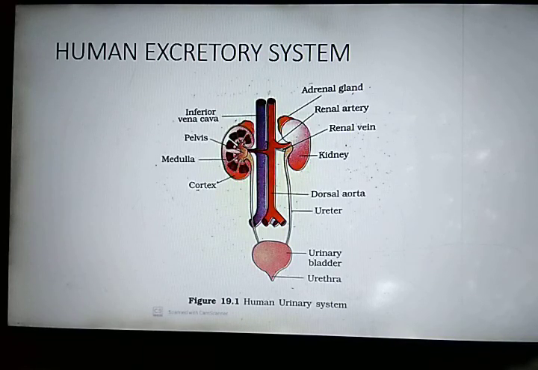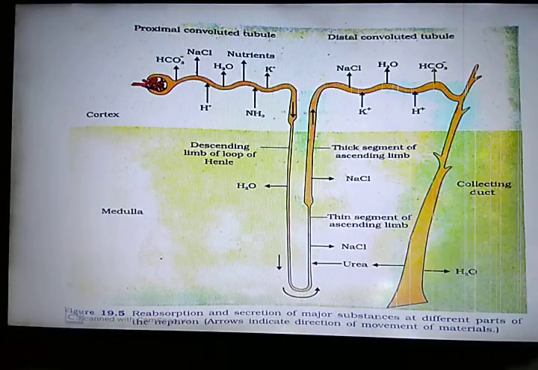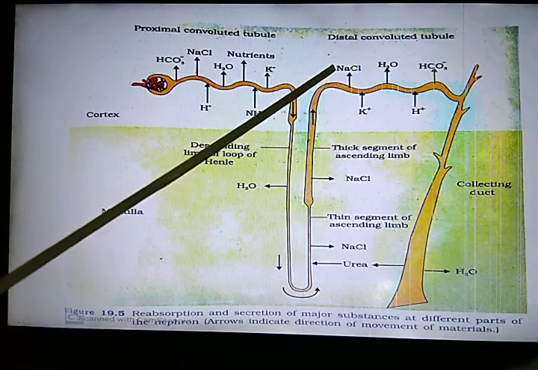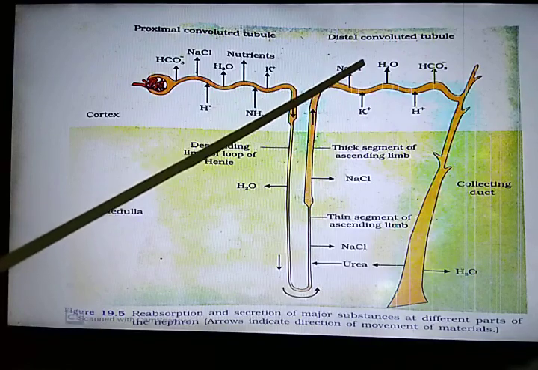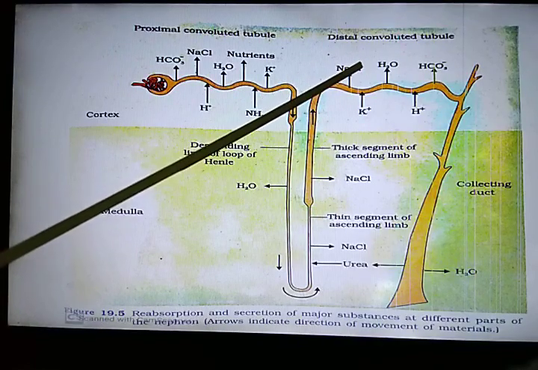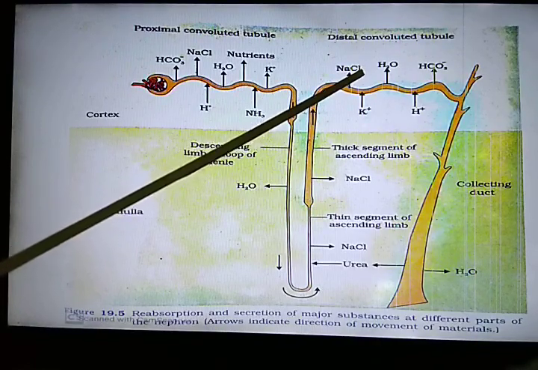Number 2, it causes the adrenal gland to release the hormone known as aldosterone, and this aldosterone released by the adrenal gland causes reabsorption of sodium ions, sodium chloride and water from the distal convoluted tubule.